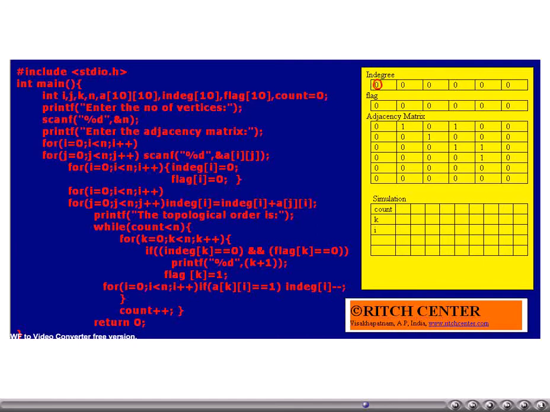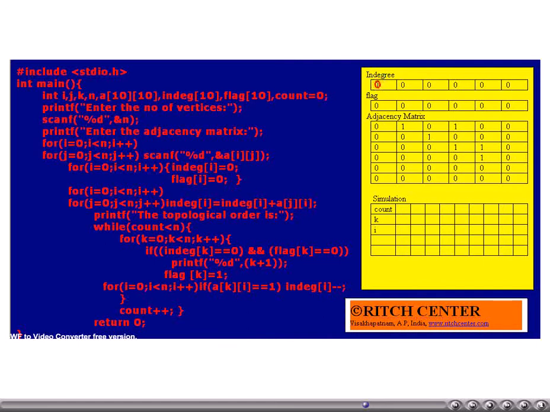And then by calculating the column sums of each column of the adjacency matrix, we calculate the in degree of every node, and then each time we propose to select one node whose in degree value is 0 and flag value is 0.